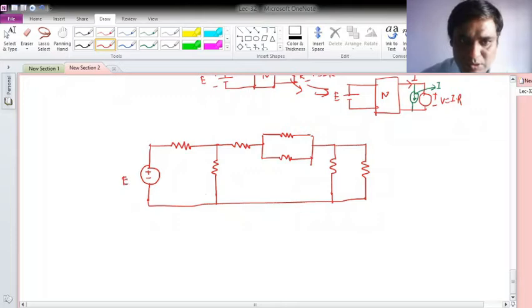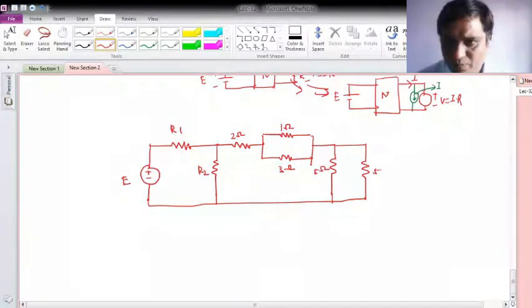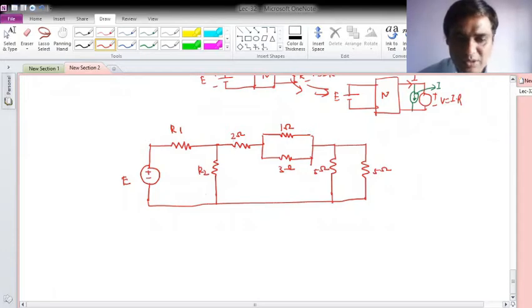So this is E, say R1, R2. For this, some numbers are given: 2 ohm, 1 ohm, 3 ohm, 5 ohm, 5 ohm. And it is given that the voltage across the 2 ohm resistor is 20 volt. So the question is, what is the voltage source between terminals A and B?